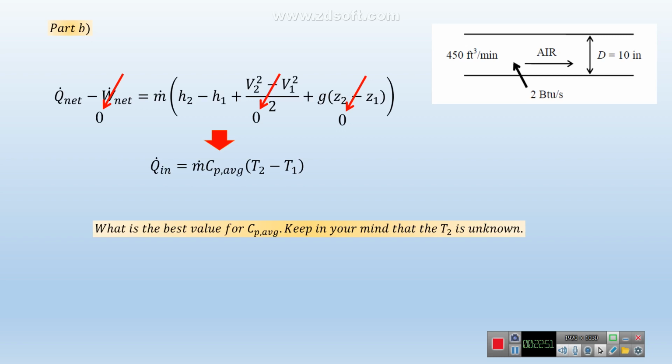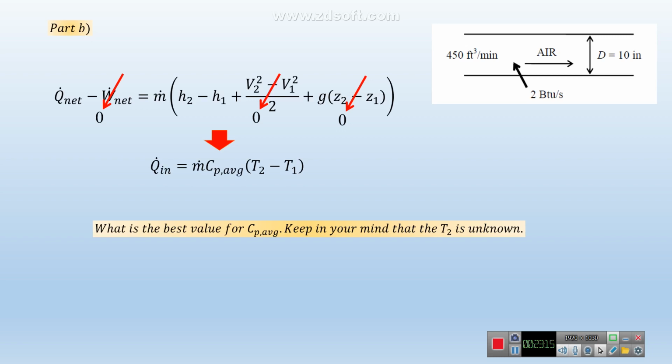So in this case, folks, let's look at the inlet temperature. The inlet temperature is 50, correct? And we are adding 2 BTU per second of heat. So we can assume that the exit temperature is, for example, something around 100 Fahrenheit or 80 Fahrenheit, correct?